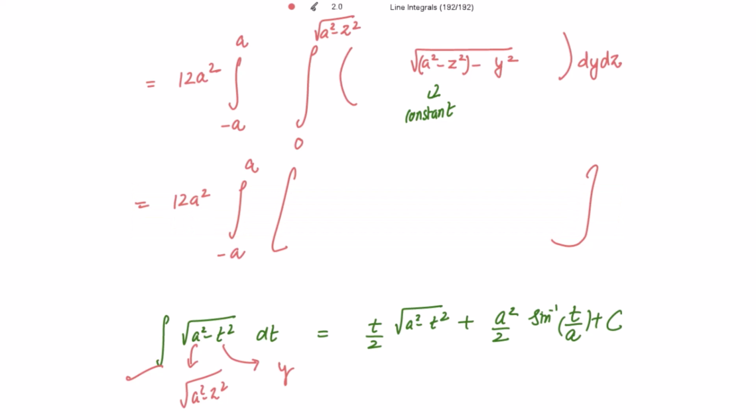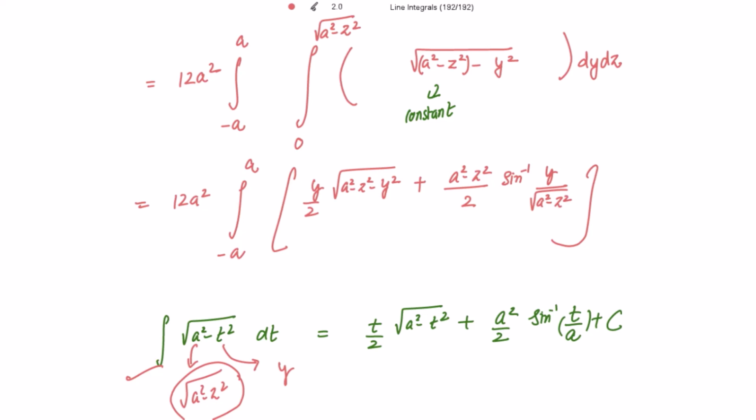So applying the formula here, t divided by 2, that is y divided by 2 square root of a square minus t square, that is square root of a square minus z square minus y square, plus a square by 2. A is square root of a square minus z square, right? So if I take the square of this, I get a square minus z square divided by 2. Then sine inverse t by a, that is y divided by square root of a square minus z square, right?